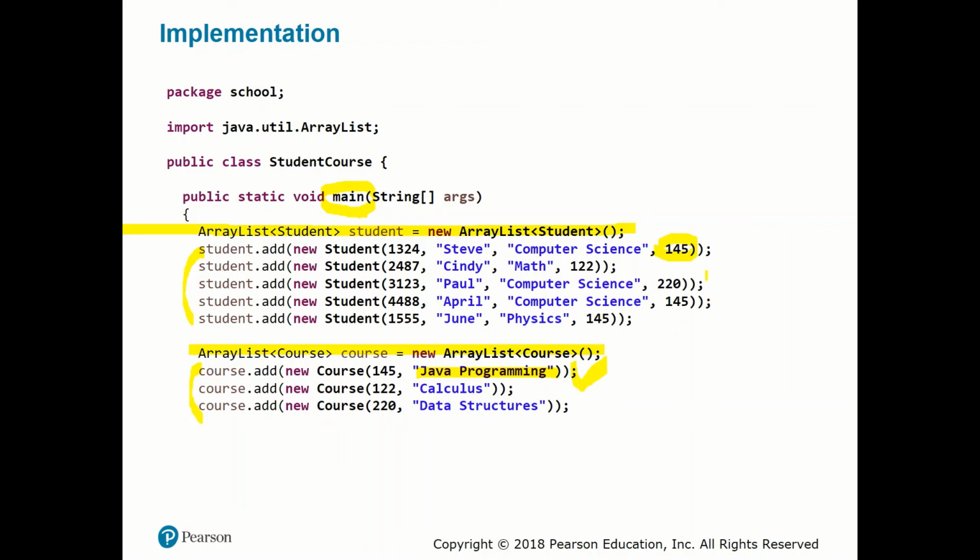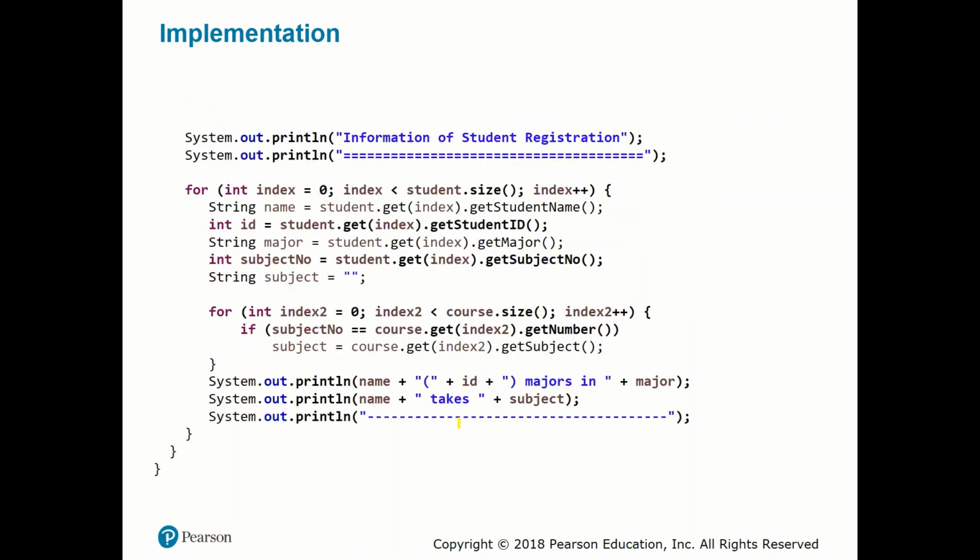Okay, so using this number, I will find which title is 145. I will find that from here. Okay, so this is the main part. At first, this is just for printing out, and then I will loop, going through from the first element of the student objects up to the last element like this.